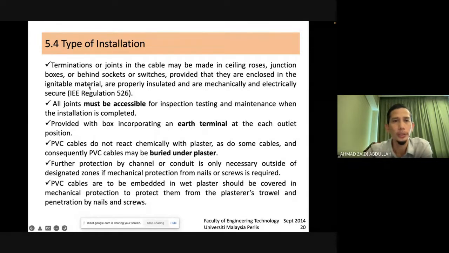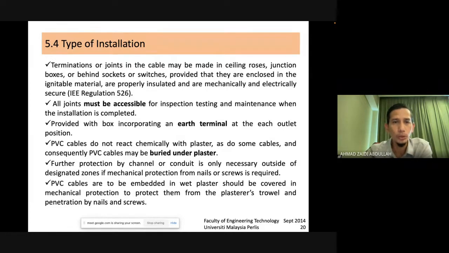Okay, and then termination or joint in the cable may be made in shielding rows. Okay, you need to use a shielding rows or junction box or behind socket switch provided they are enclosed in the ignitable material. Okay, you can refer to the IE regulation page 5 to 6.